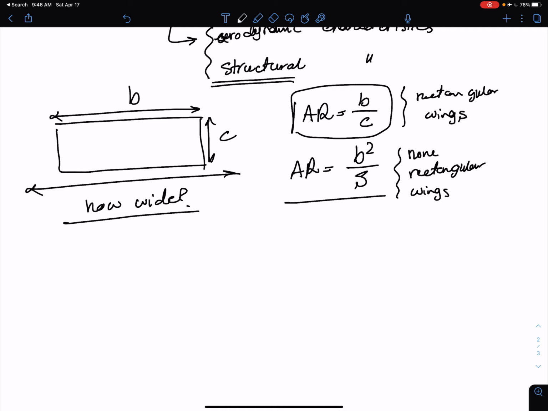What you're going to see in the real world is that higher aspect ratios, like the aspect ratio of 35, which is a very high aspect ratio, are mostly used in gliders.